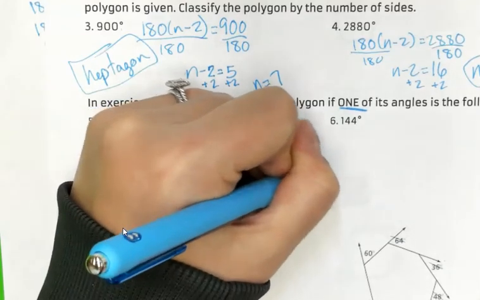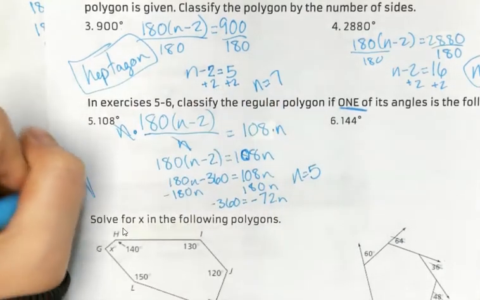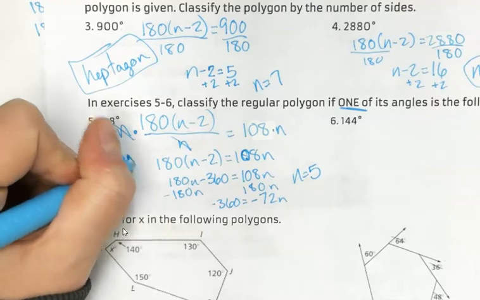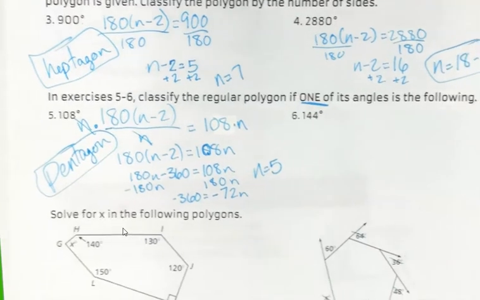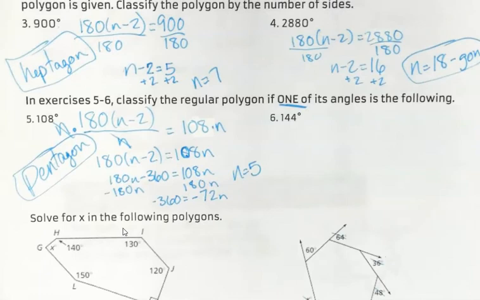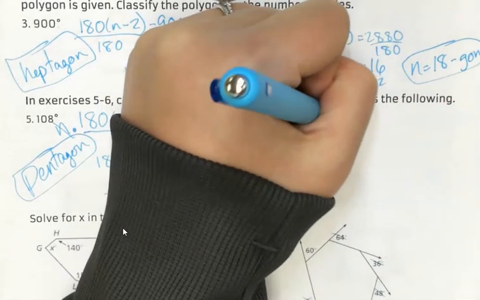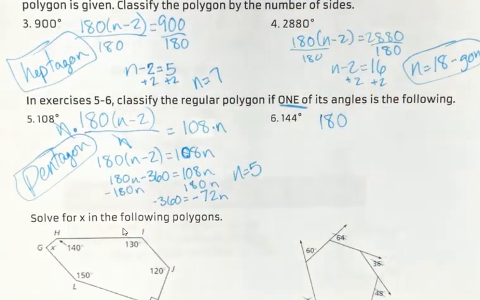So n is going to be 5. So our shape is going to be a pentagon. All right, and then same thing, pause this and solve the next one. And then check your answer.